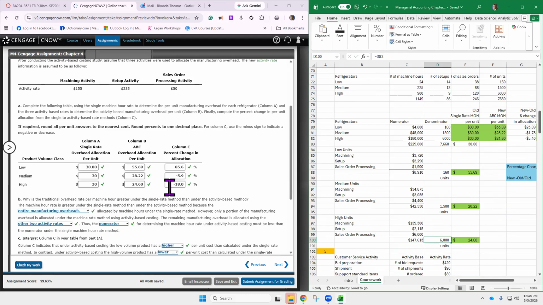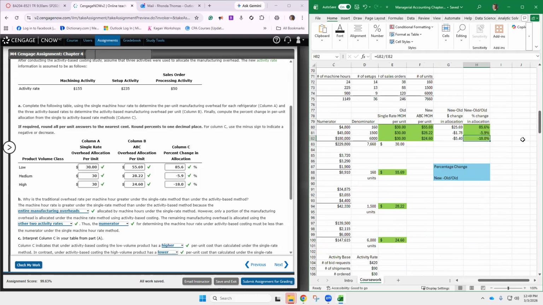So then 2460. So the difference between the single rate of 30 and the ABC amount is $5.40. And when we did the ABC costing, it actually reduced the allocation by negative 18.0%.